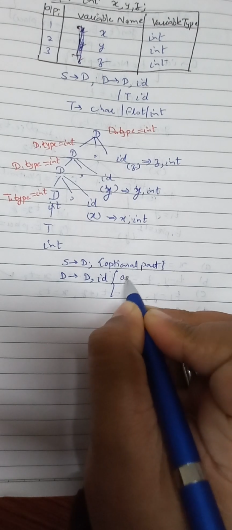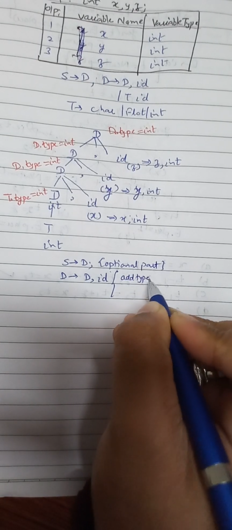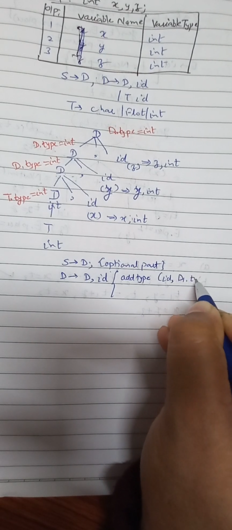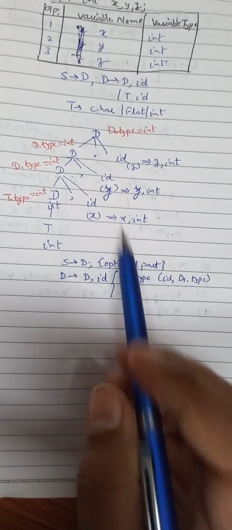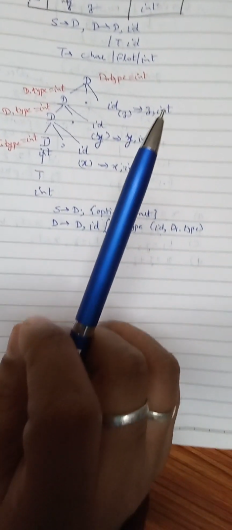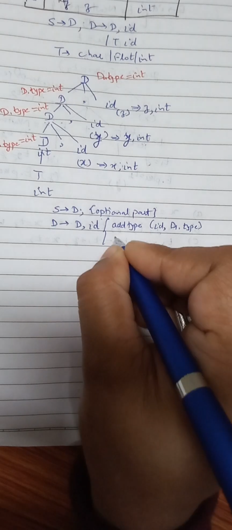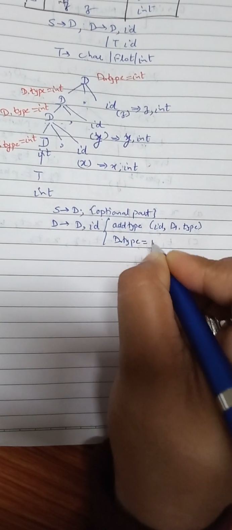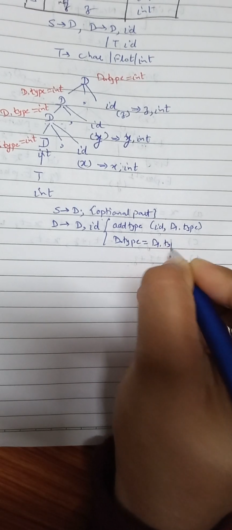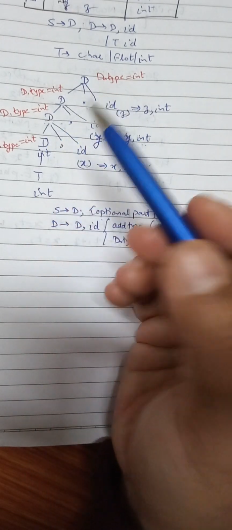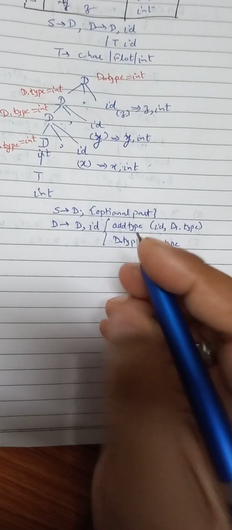We can write at type ID, D1 dot type, because it is given over here, and we can say D dot type is equal to D1 dot type. Instead of D here, we can take D1 also, so that we can differentiate. It is up to you, otherwise leave it, no problem.